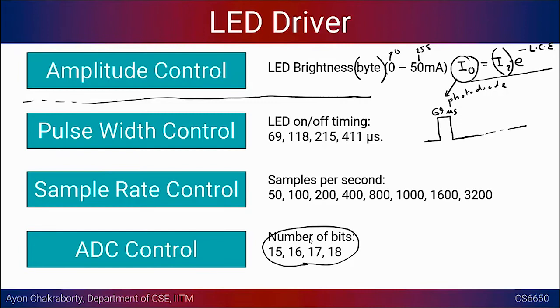So there will always be a trade-off, and all these things in this particular system are related. How much is the pulse width? If you have a long pulse width, instead of 69, if you make it 411, you can spend more time getting more accurate results.